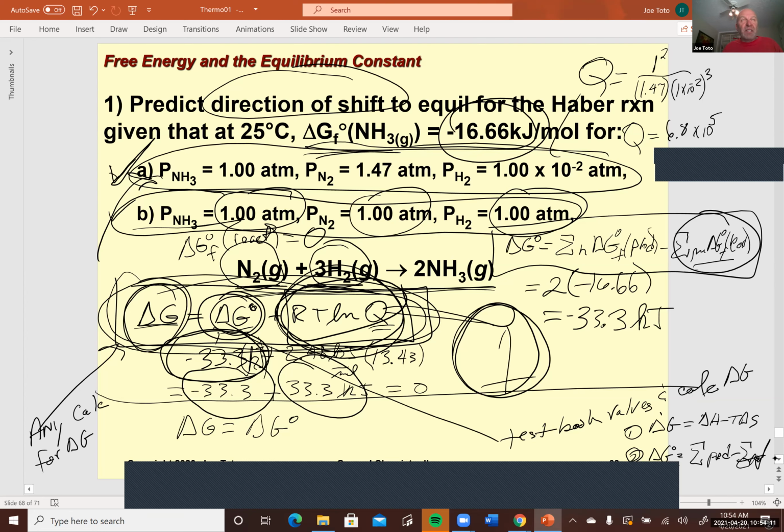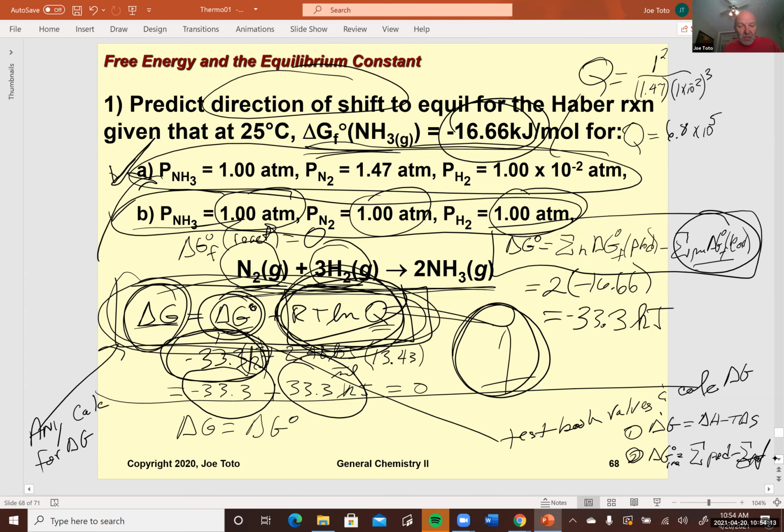We could have put in some other values, and this delta G over here would have been positive or negative. And then we would have known that that mixture was to the right or to the left of equilibrium.